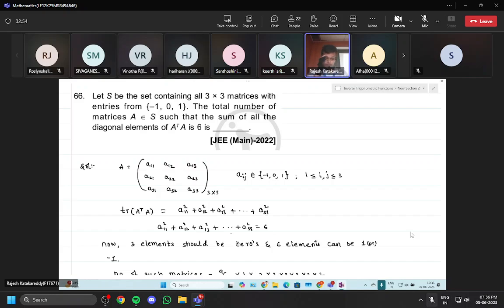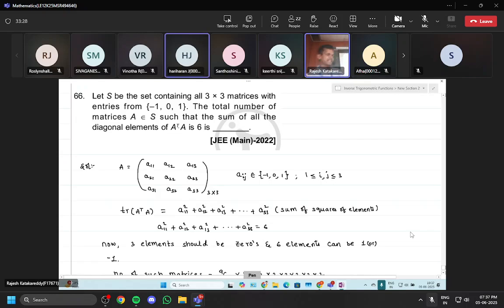So from property number 6 of transpose of a matrix, I wrote here that the trace of A transpose A is equal to the sum of squares of elements. So according to the problem, it should be equal to 6.